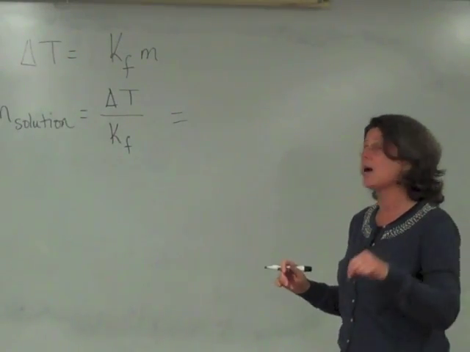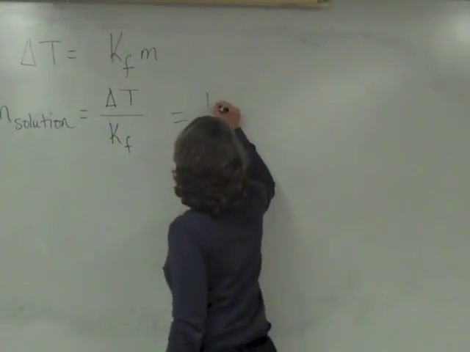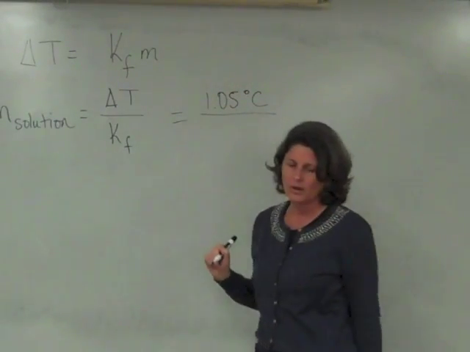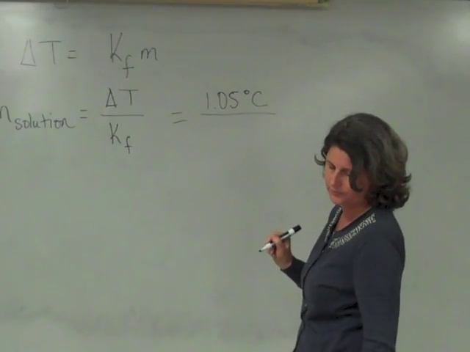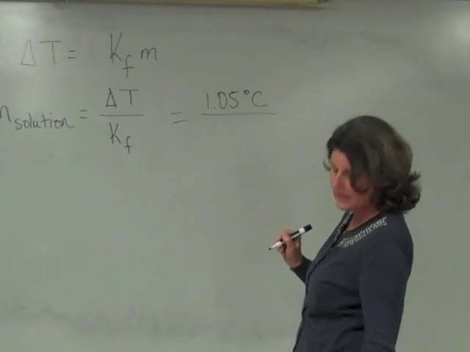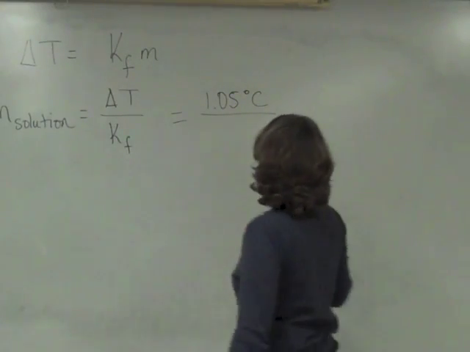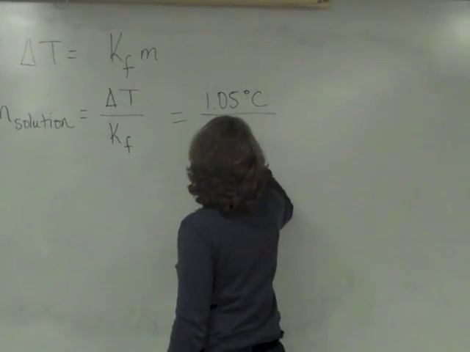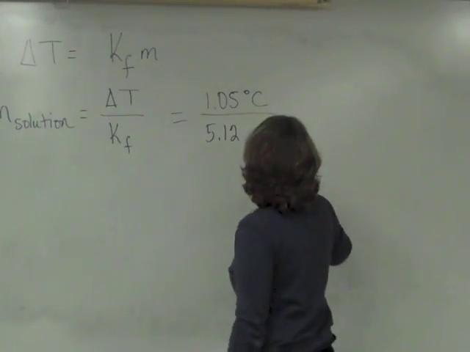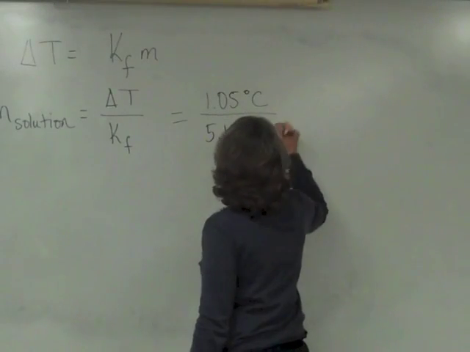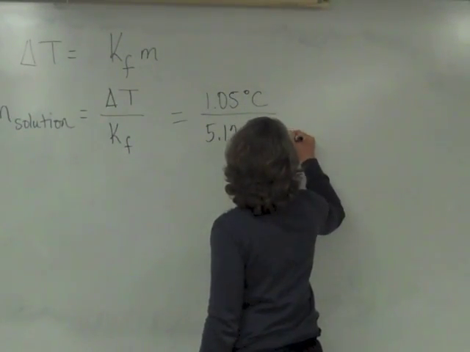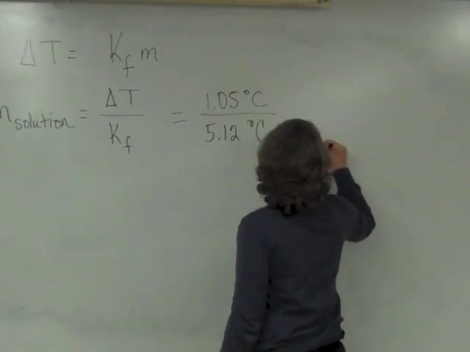It's going down by 1.05 degrees. And our freezing point depression constant for benzene is going to be 5.12 degrees Celsius per kilogram mole.